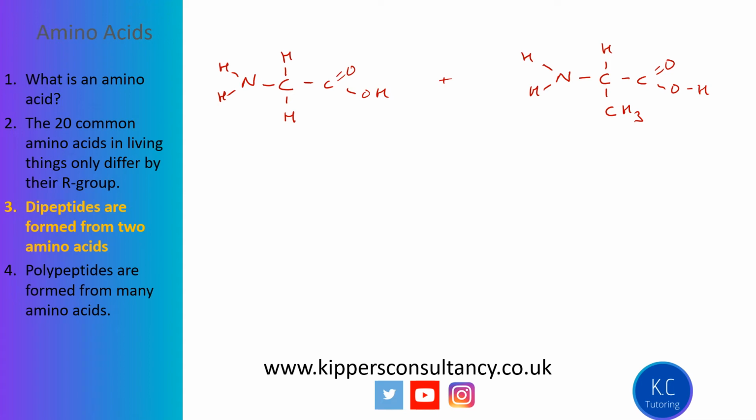Now, when these 2 amino acids form a dipeptide, they do so under a condensation reaction, which means water will be formed as a byproduct. The water comes from the OH on the carboxylic acid and one of the hydrogens on the amine group, and we can see that this forms H2O, which of course is water.